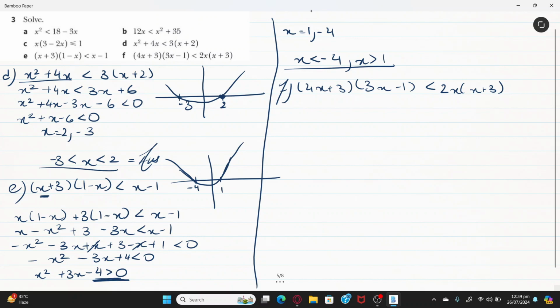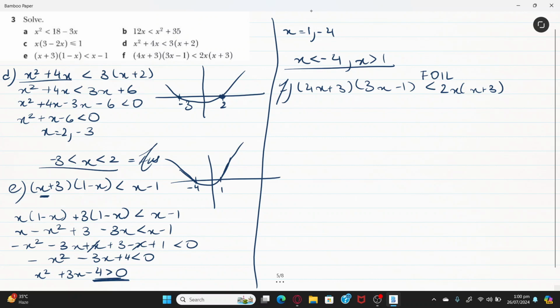Another method for this one is the FOIL method, by the way. I've used this in my previous lecture. I was just using that method for the versatility of knowing things.